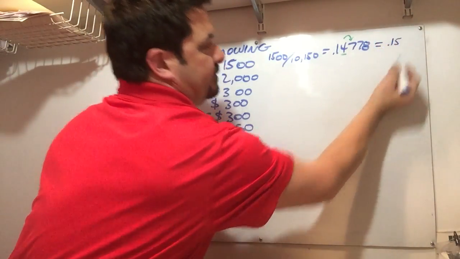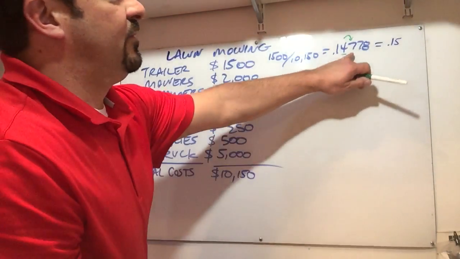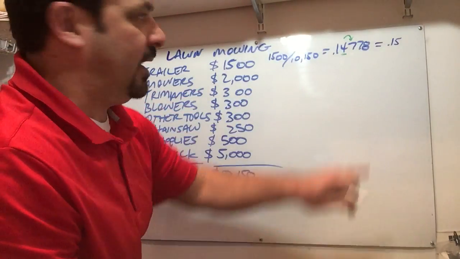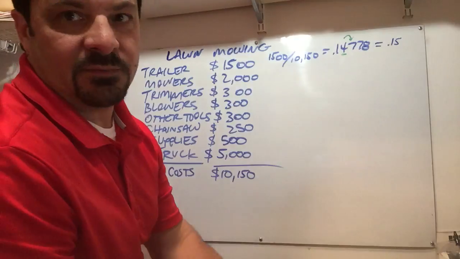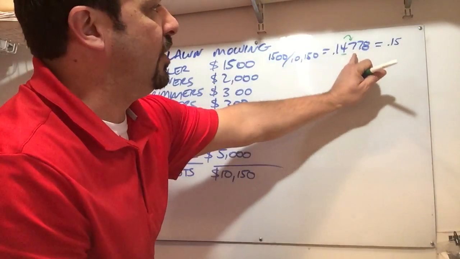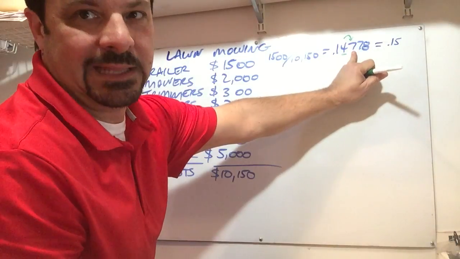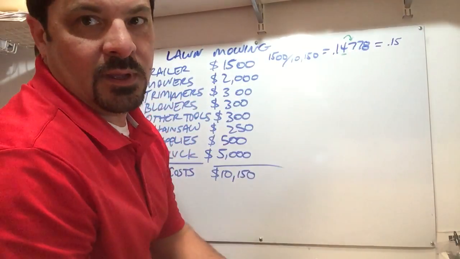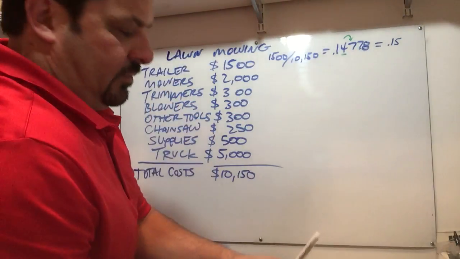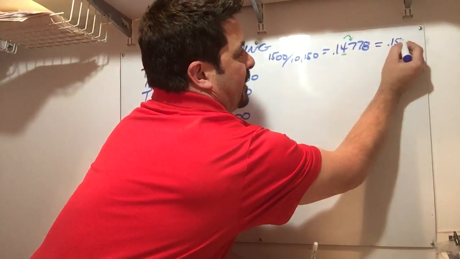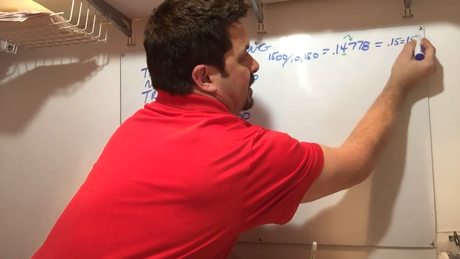1, 5. If it's 4 or less, let it rest. So we would leave the 4 alone. If that number to the right of it were a 4 or less, let it rest. 5 or more, let it soar. So we've got 0.15 equals 15%.